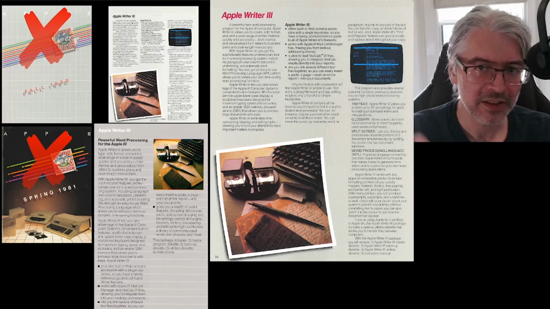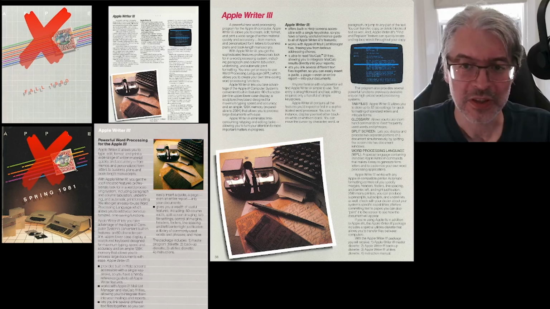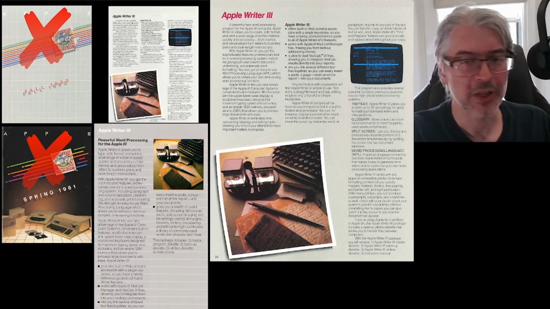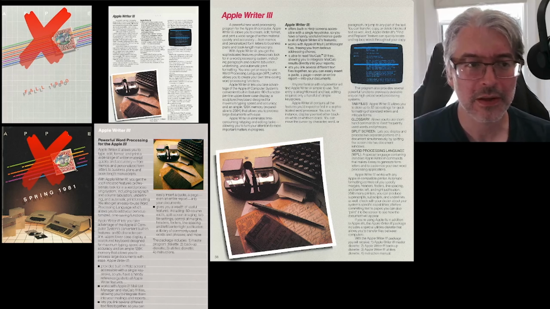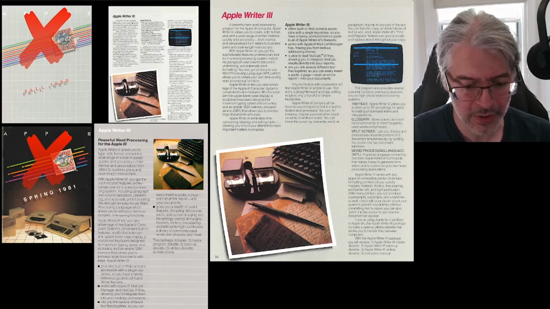The one with the red font is the one that was in the Apple III specific insert, and the one with the black font in the title is the one that was in the full catalog. Okay.